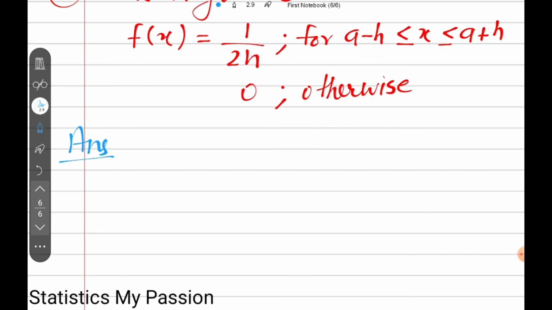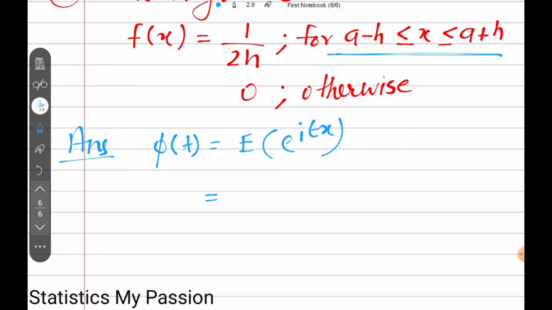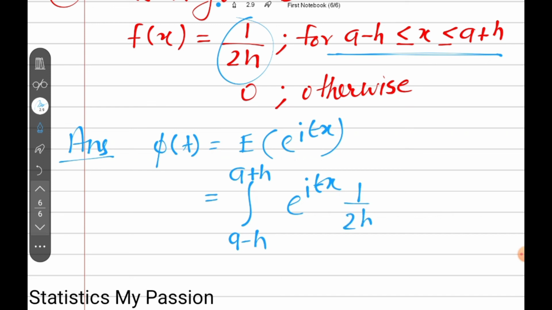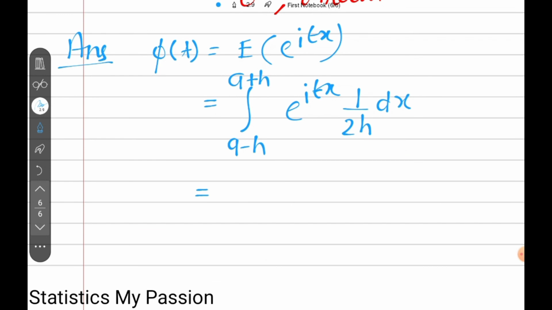Answer. First of all, we write the form of the characteristic function: the expectation of the exponential of itX. Because the limits are given and it is a continuous distribution, we use the integral from a minus h to a plus h of e to the power itx times 1 upon 2h dx, where 1 upon 2h is a constant.